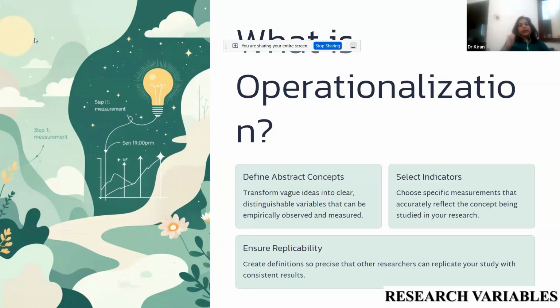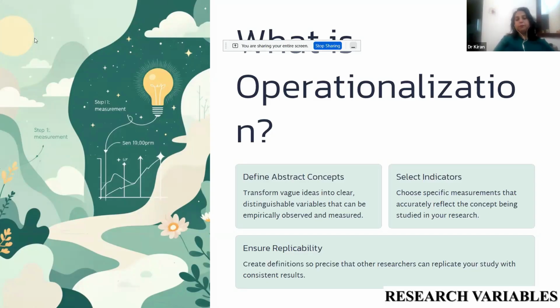Also, it will ensure replicability, because in past researches, someone may have used the same variable as yours, but the tool or scale will be different. But if you use the same tool or scale in your research also and compare it with the other variables or correlate or integrate it with the other variables, then we can say replicability also takes place.